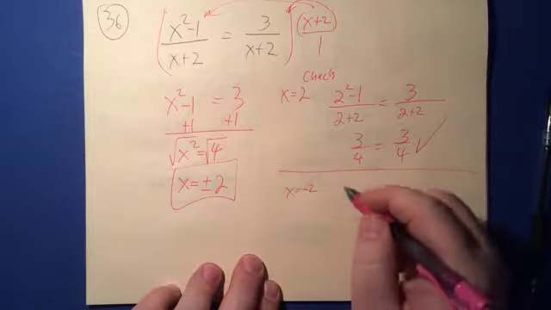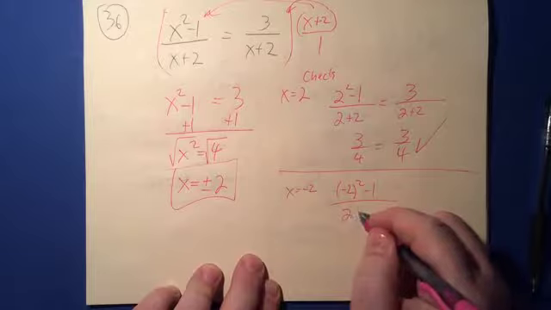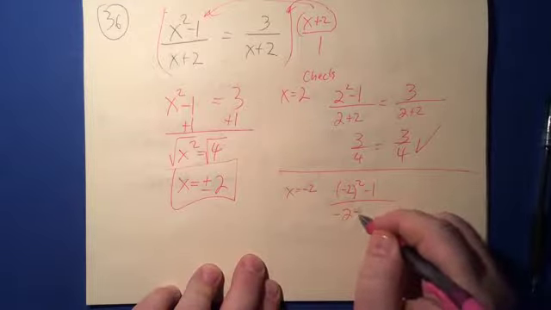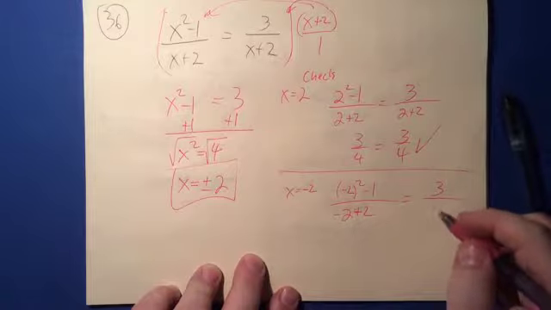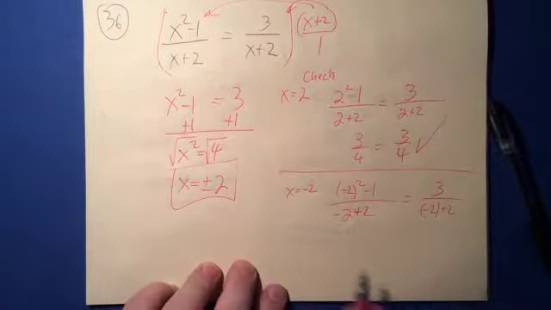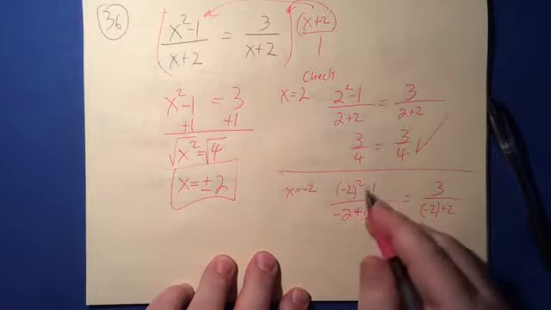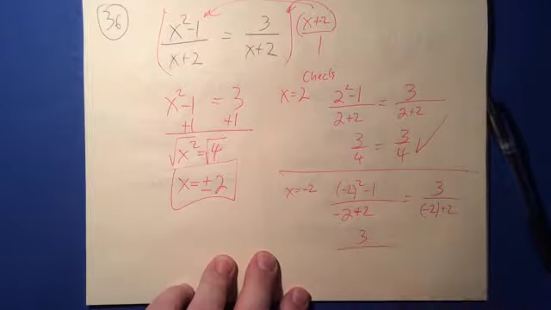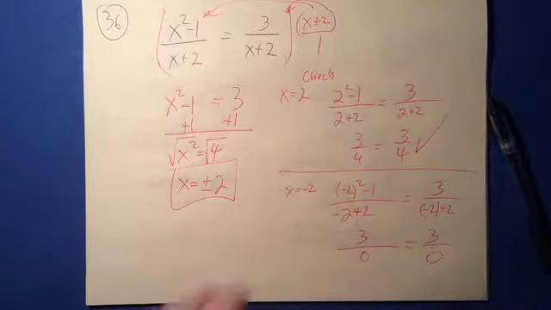Well, we get negative 2 squared minus 1 over, excuse me, negative 2 plus 2 equals 3 over negative 2 plus 2. Well, we have negative 2 plus 2. That's going to be 0. So we got 3 here, but here we've got 3 over 0.